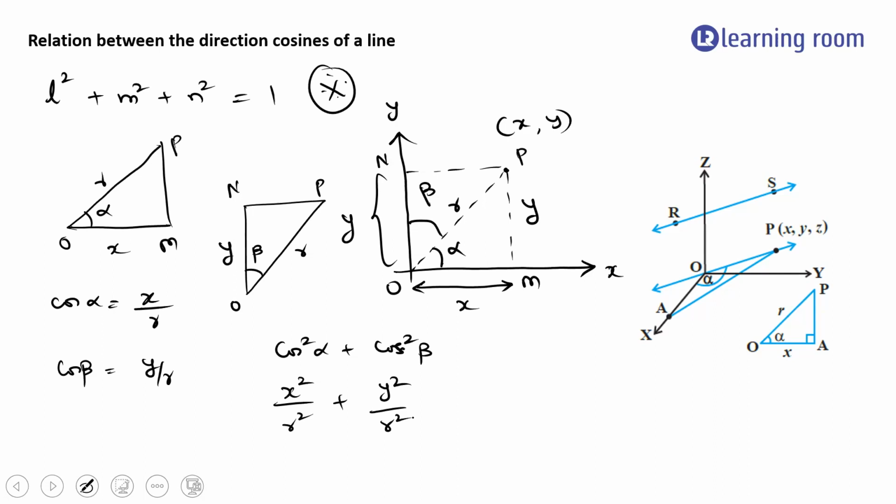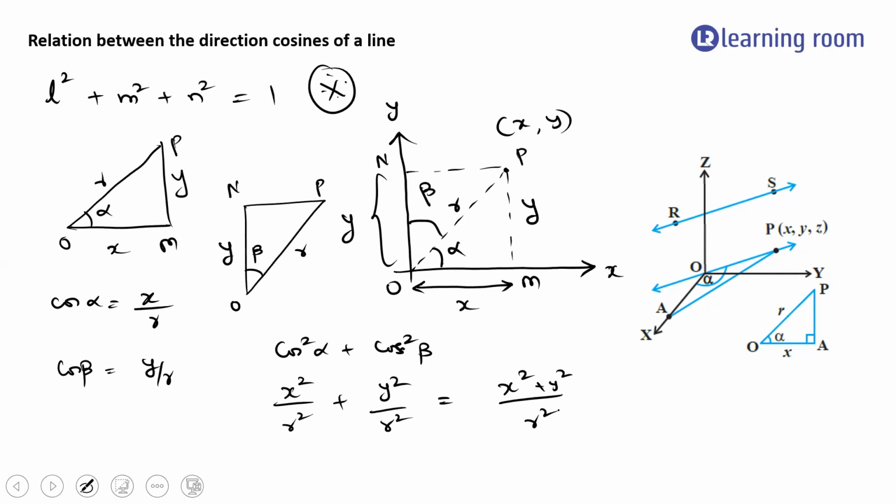From the triangle OMP, if this is x, then what is MP? MP is y, right? So when I apply the Pythagoras theorem to OMP, what will I get? x square plus y square is r square. So cos square alpha plus cos square beta is x square plus y square, the whole divided by r square, because that is the LCM.